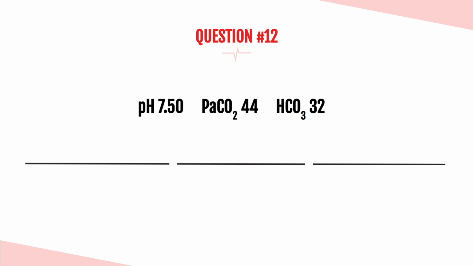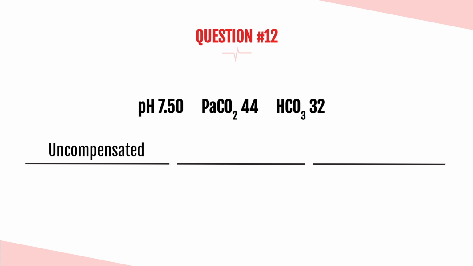Question number 12. We've got a pH of 7.50, a PaCO2 of 44, and a bicarb of 32. What is their name? pH, normal or abnormal? It is abnormal, so we are going to be uncompensated.